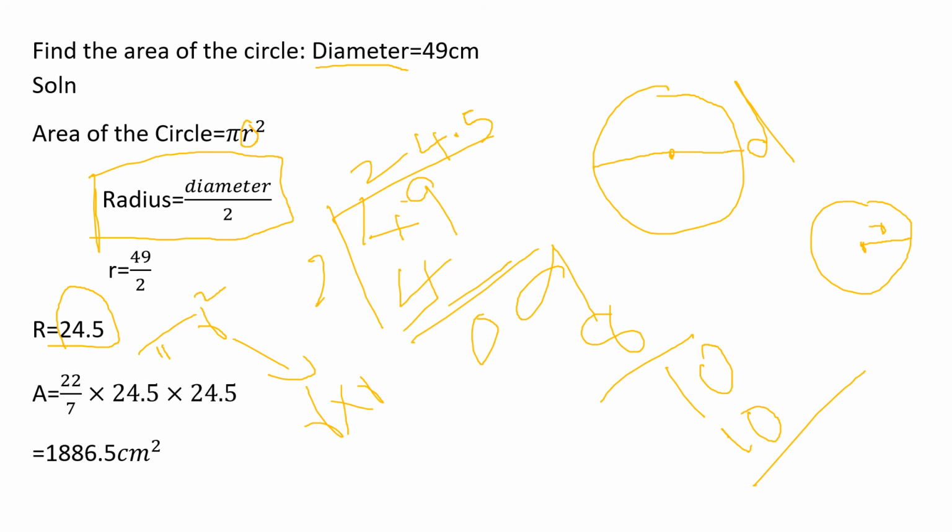The next class we'll start the new chapter. Go through all the problems what I have taught you. The main thing in this chapter is you want to learn all the formulas and learn the problems what I have taught you. And please try to do and see the problems.